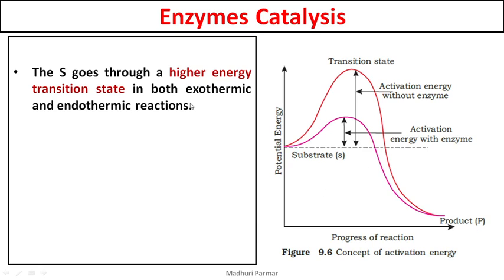So the substrate normally has a higher energy compared to the product. You can only make a product which has lower energy if the substrate has higher energy, right? So you start with substrate which normally has higher potential energy, and you end with the product which has lower potential energy. Clear? Now what is done to these substrates?